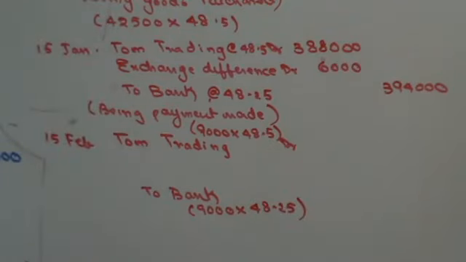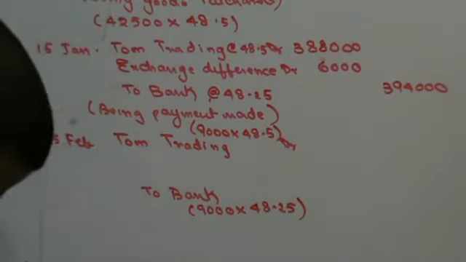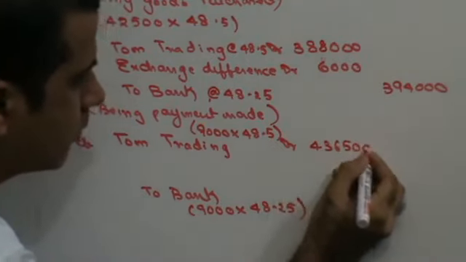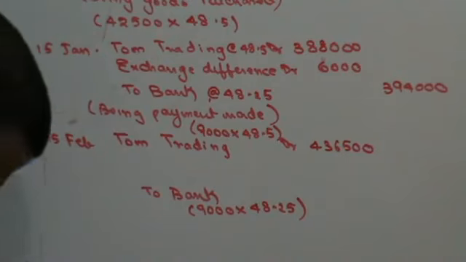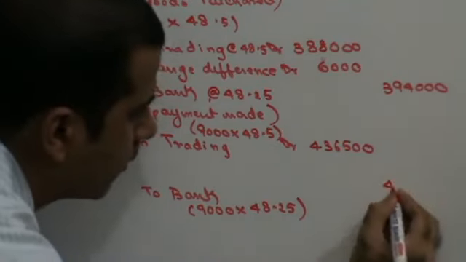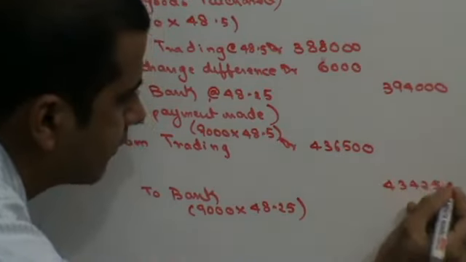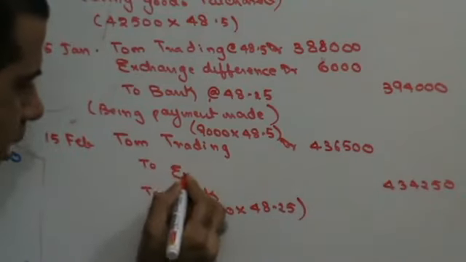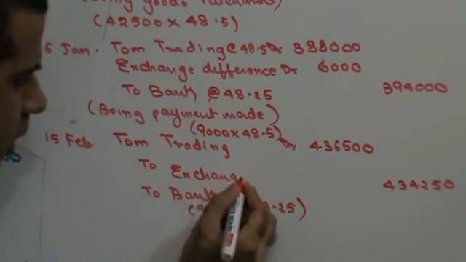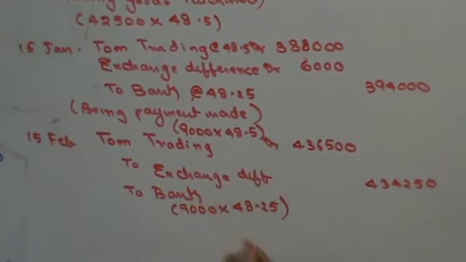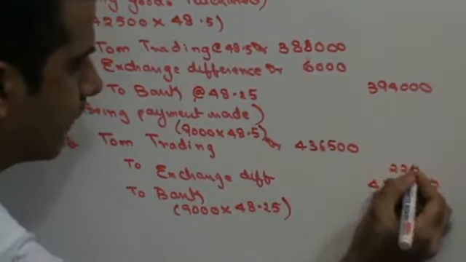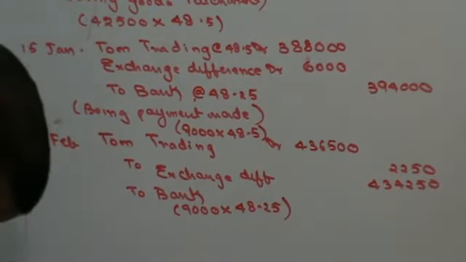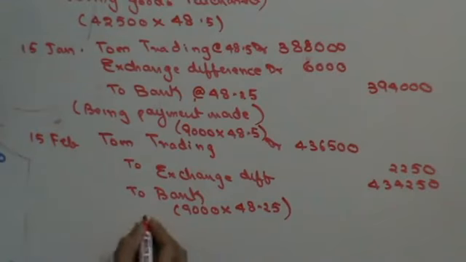Tom Trading is 4,36,500. That is 4,34,250. The difference is going to be called as exchange difference, 2250. 15th Feb.